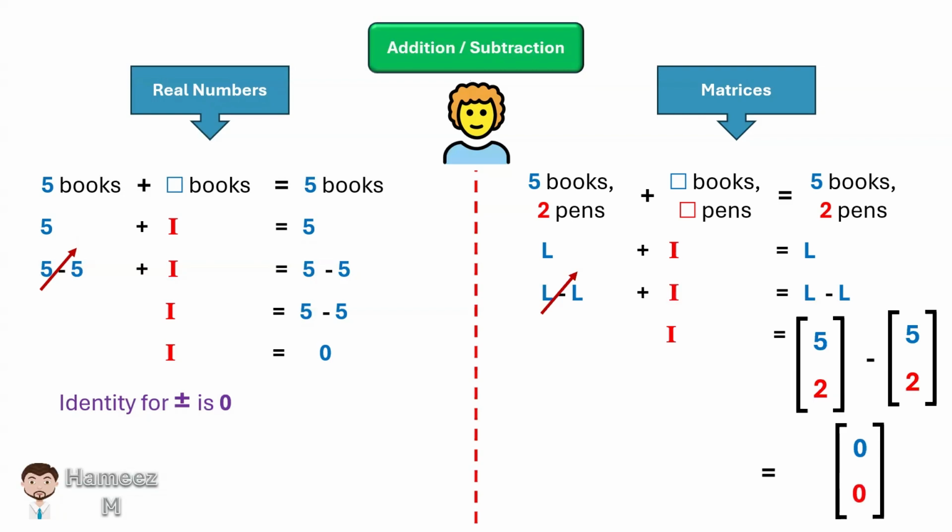But when we're talking about identity matrix, the identity is the same order as the matrix we're using. So we're using 2 by 1, 2 rows by 1 column. So the identity for that is 2 rows by 1 column, all zeros. So the identity for addition or subtraction of matrices is the null matrix for that type.